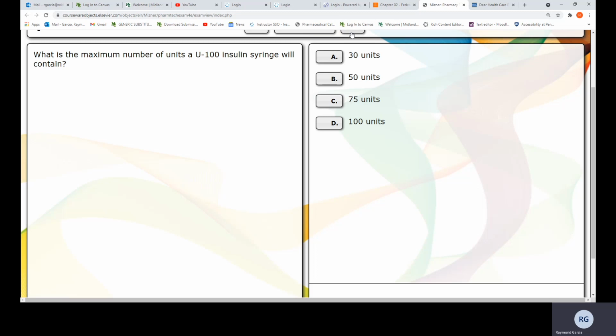So if you have an insulin syringe that's just 1 mL, that's the maximum that a syringe can be for insulin. What's your guess?